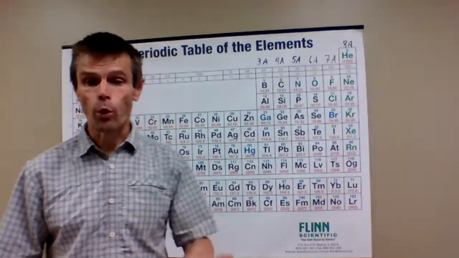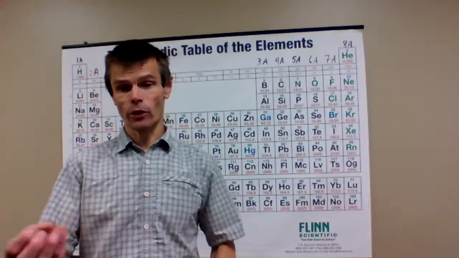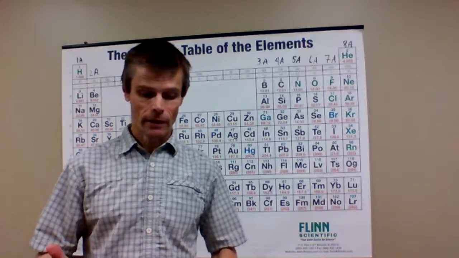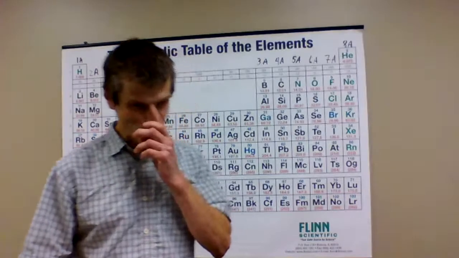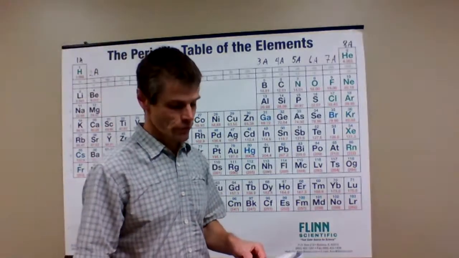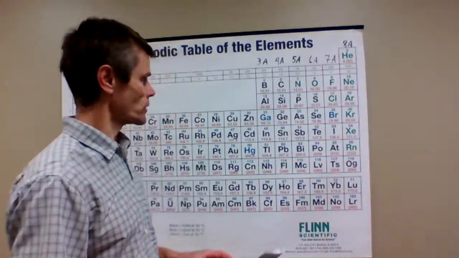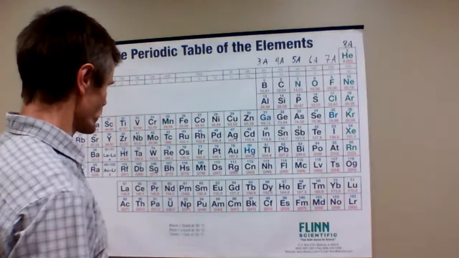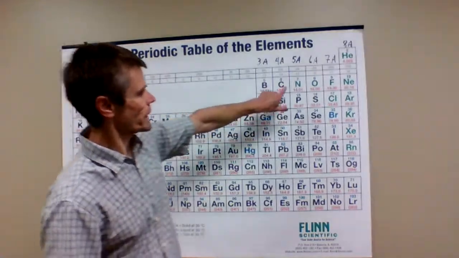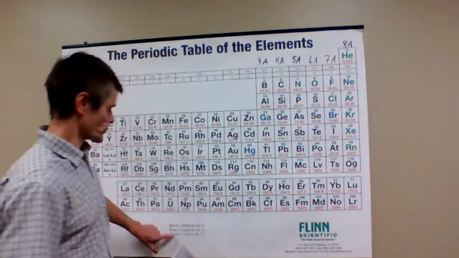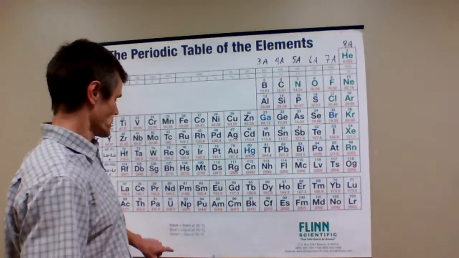Nonmetals are poor conductors. If you know a little bit about electricity, that would tell us that these are actually good insulators. Most of our nonmetals are gases or liquids. So this is where the color coding comes in. Green over here, those are gases.